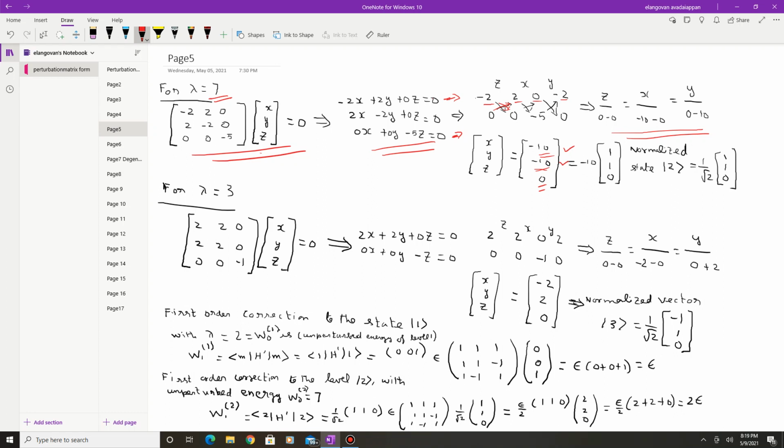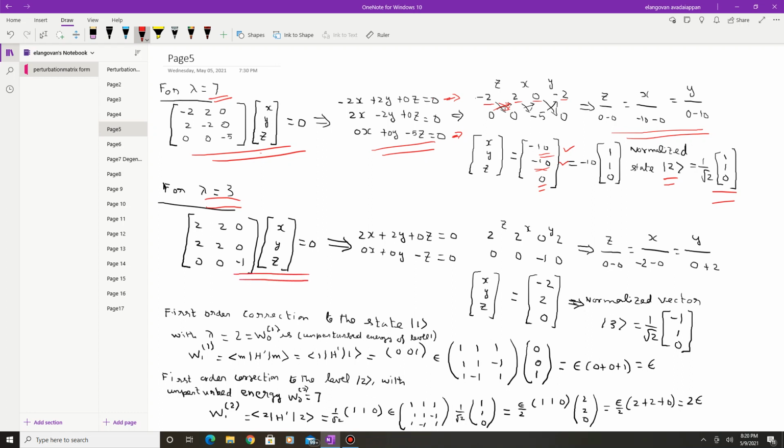This will be 110. So the normalized state is, once you normalize this vector, you will get 110. So you will get the state 2. Similarly for lambda equal to 3, you have to use the same method. H0 minus lambda I on x is equal to 0.